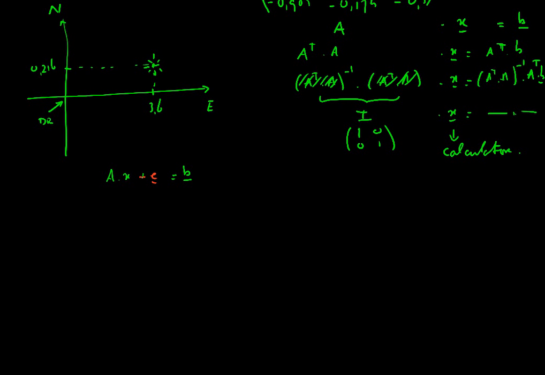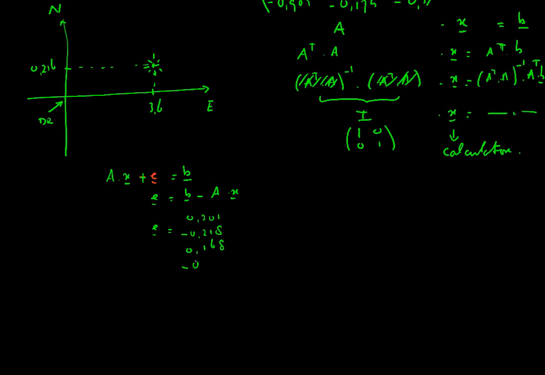So here is something like error 1, we have an error 2, etc. Because the measurements are not accurate, what we get is A times X minus the error equals something like the B, or this could be added, maybe that's easier.